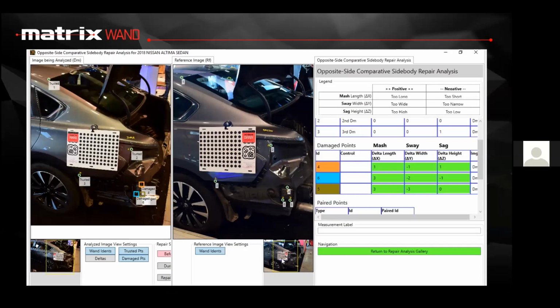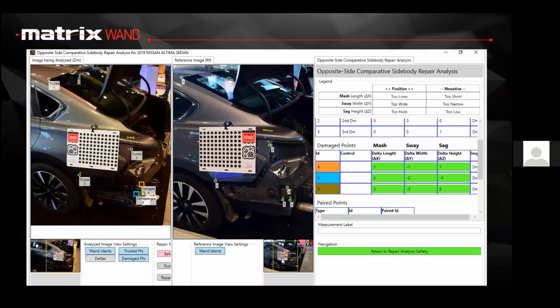Yeah, Roger. So with this same exact example, when we compare it to the opposite side, you can see how the image being analyzed there on the left is inverted from the image there on the right. You can see the board is actually facing opposite ways, the logo on the board, if you're looking closely.